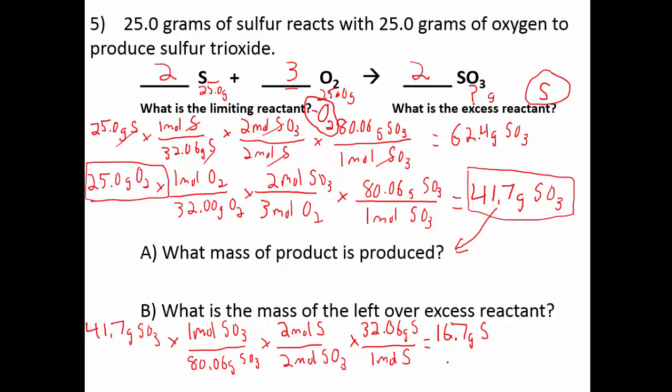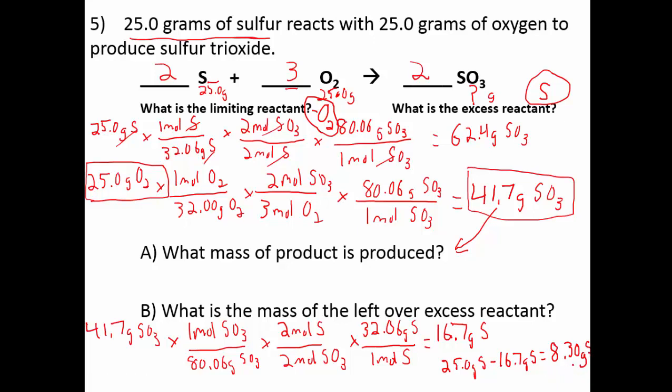Since we had 25 grams of sulfur to start with, 25 grams minus the 16.7 grams of sulfur needed gives the excess, what would be left over: 8.3 grams of sulfur left over.